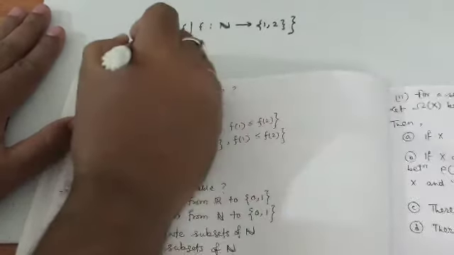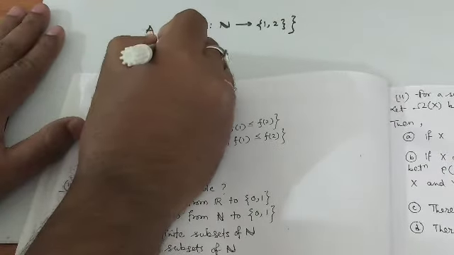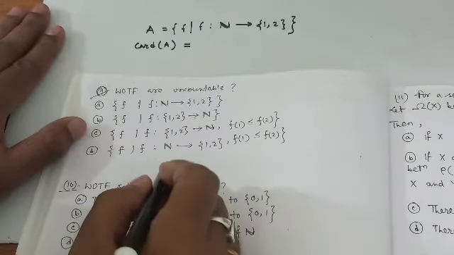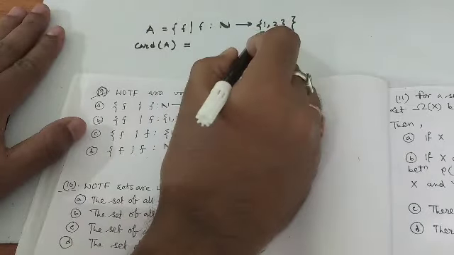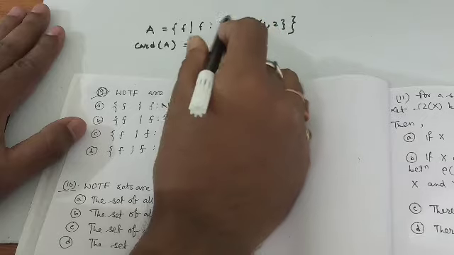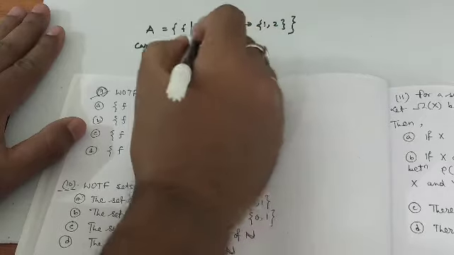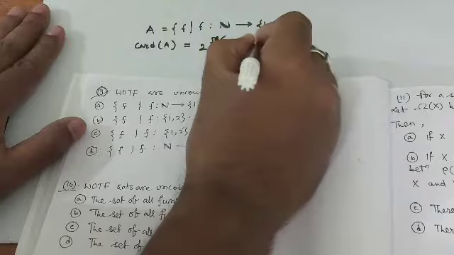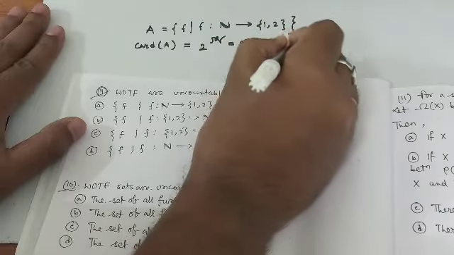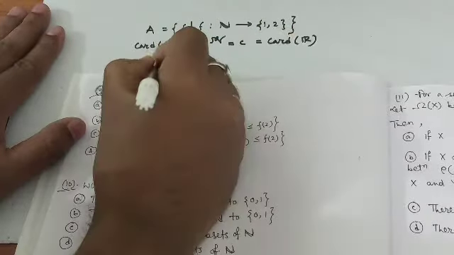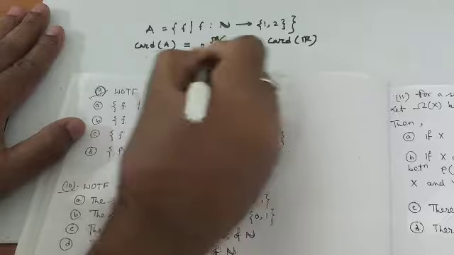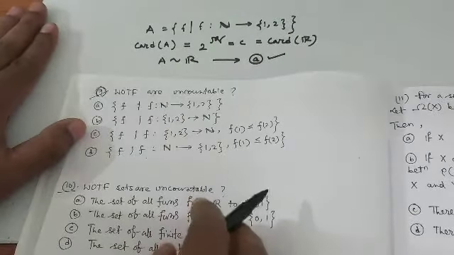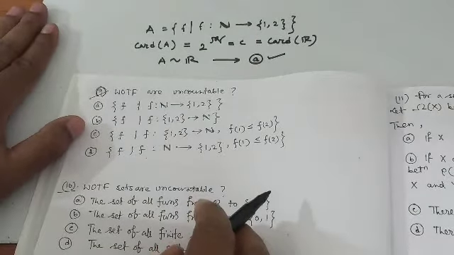So what will be the cardinality of this set? Cardinality of A is going to be the cardinality of this set to the power cardinality of this one, so 2 to the power aleph-not. So it is c, and it is nothing but the cardinality of R. So A is equivalent with R. Thus option A is correct.